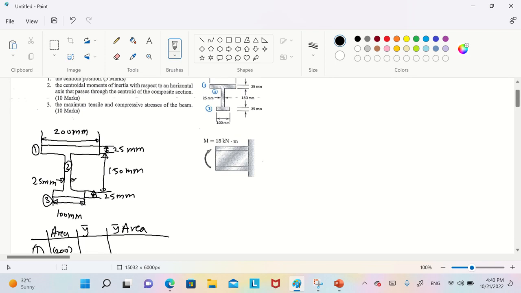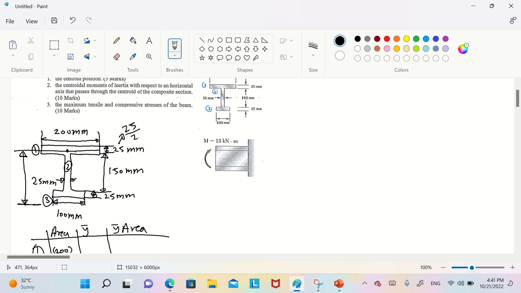To find the y bar, it is the center of the first one to the ground. So the half of the first one is the half of the 25.